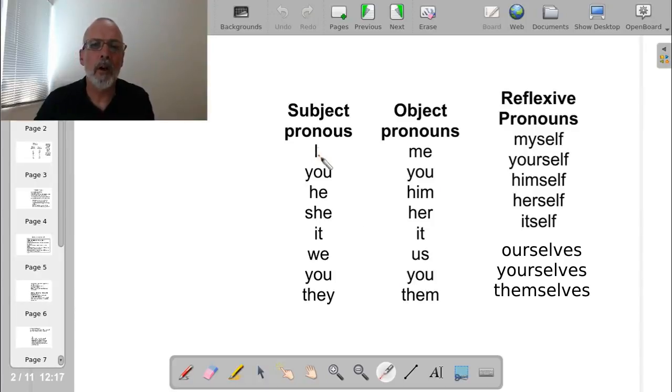So basically we have here the first person singular, I, you, he, she, it. This is first person singular, second person singular, third person singular for a man, third person singular for a woman, and third person singular for a thing.